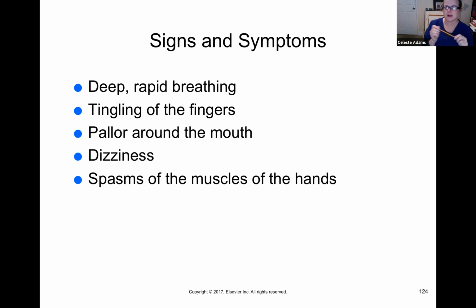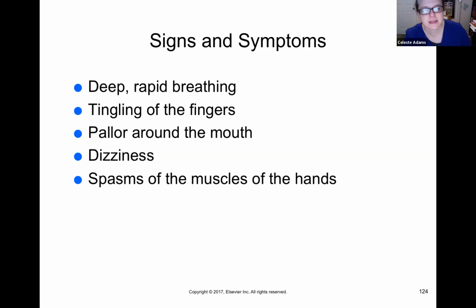But in respiratory alkalosis, you'll mostly have the respiratory signs, but these are some other non-neuro, non-respiratory signs that you will see in respiratory alkalosis.